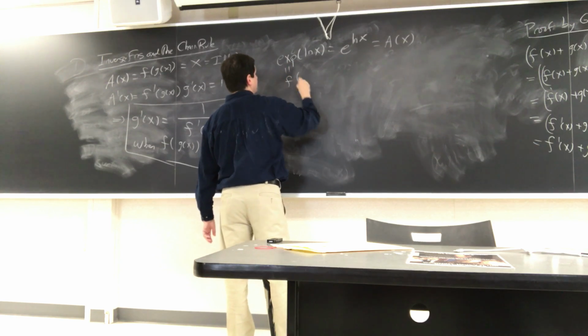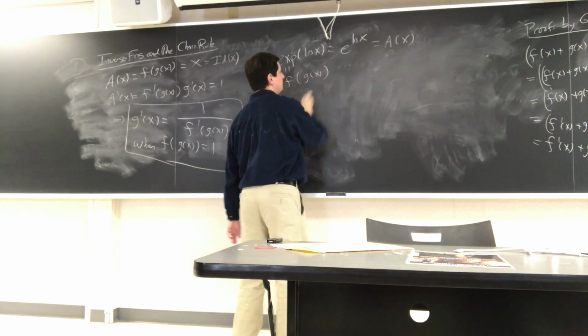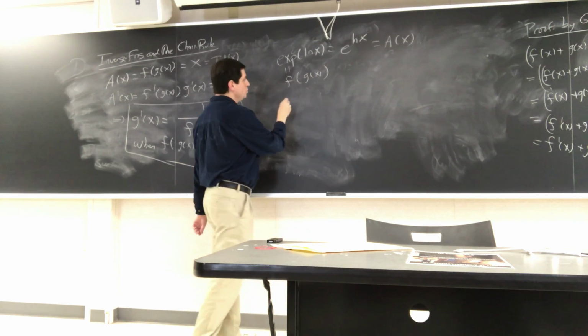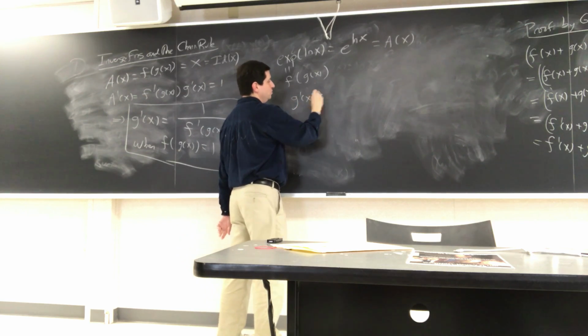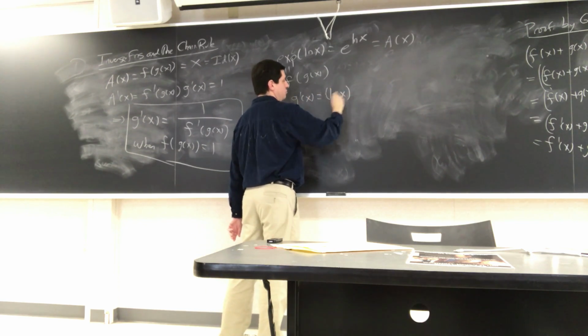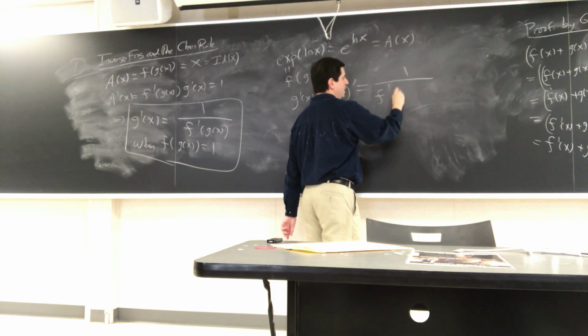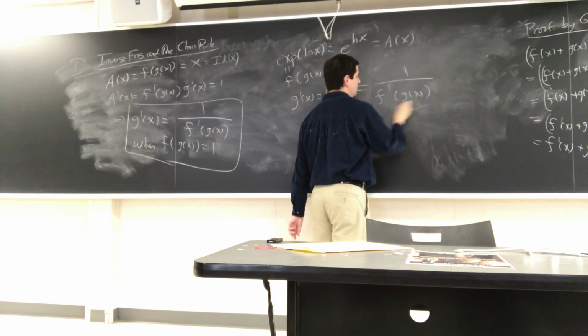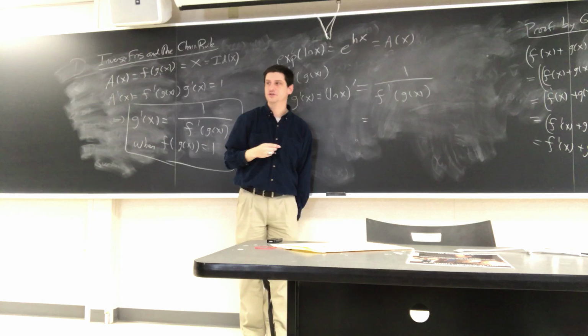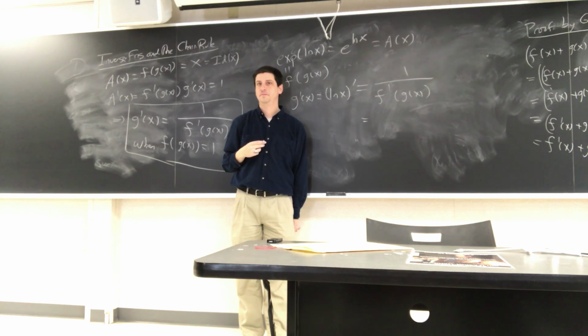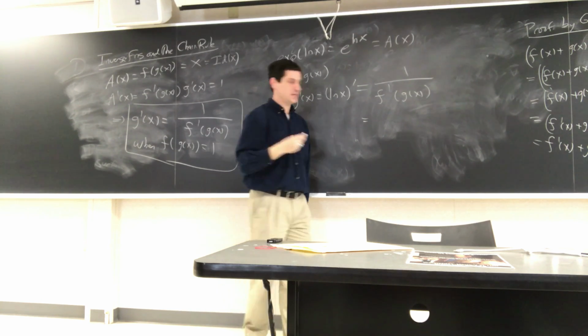So this is our function f. This is our function g. So g prime of x, which is the derivative of the natural log of x, is just 1 over f prime at g of x. But what's the derivative of the exponential function? It's the exponential function.